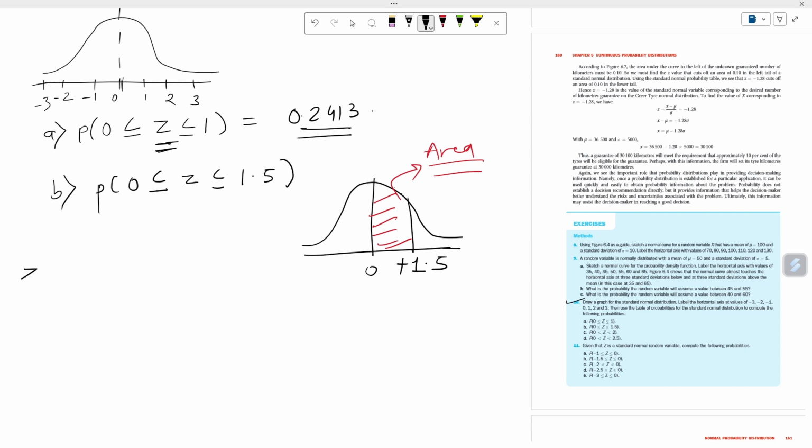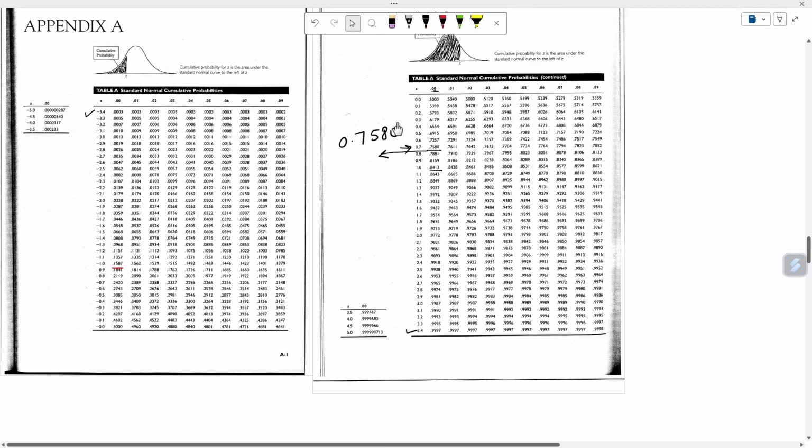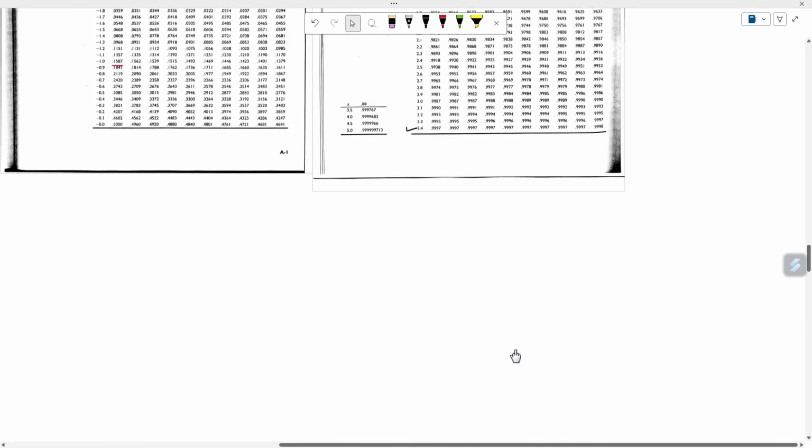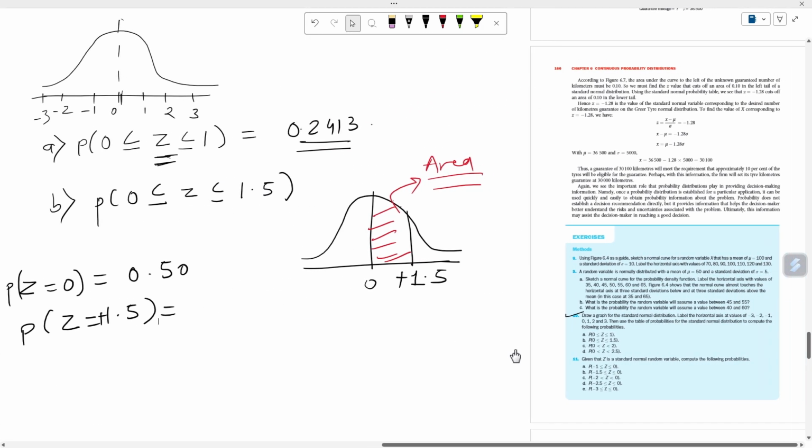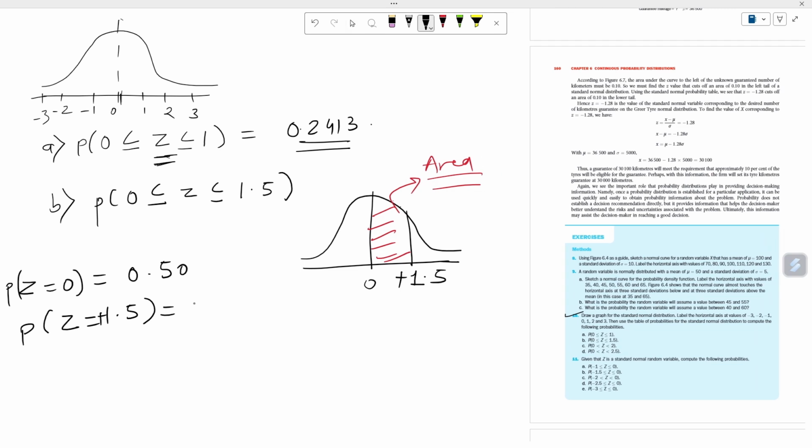We know the area for z of 0 is 0.50, and z of positive 1.5 is showing us 0.9332.